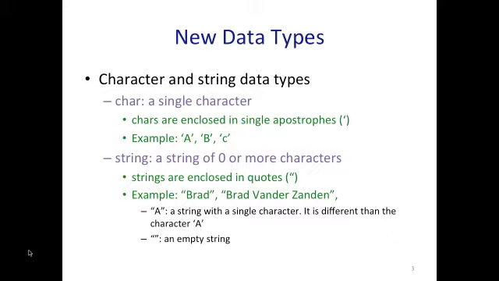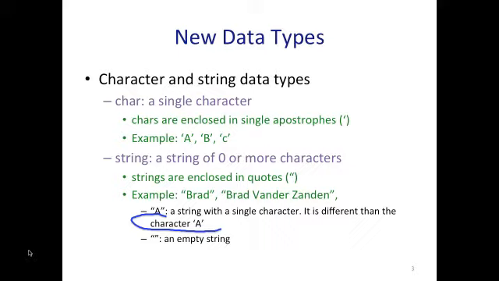Whereas if we want to declare something as a string, we declare the variable as a string, and when we assign a value to it, we put double quotes around the string of characters. It's important to note that the string A is different from the character A. The string A has double quotes around it.